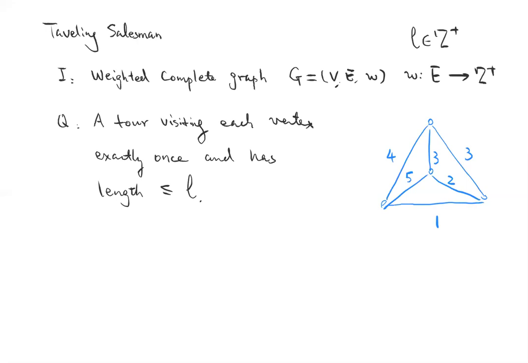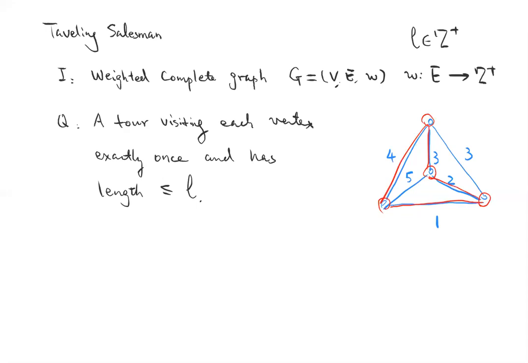So I can start with this vertex once, then this vertex once, then this vertex once, then this vertex once. That will give us a tour. The total weight of this one is 10. So we want to minimize the total length.